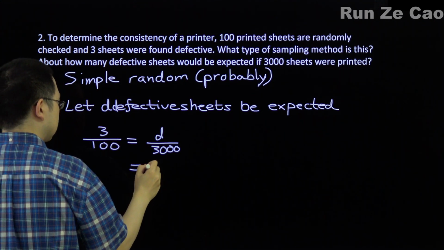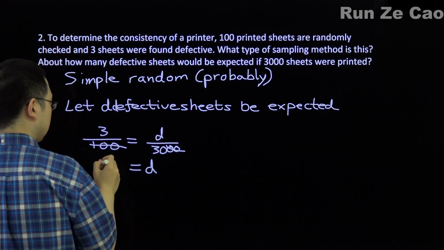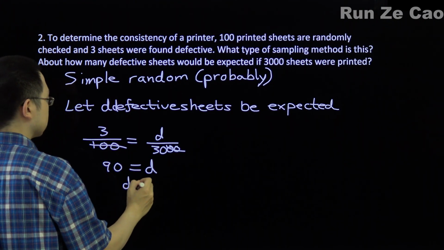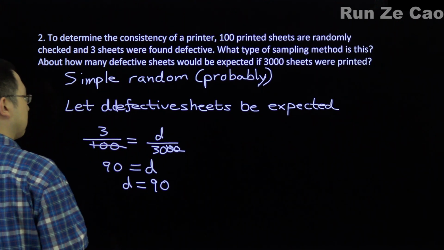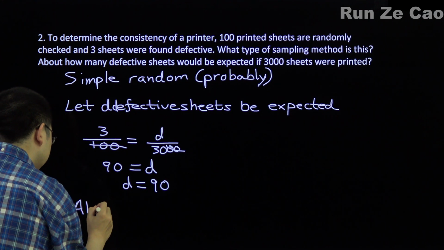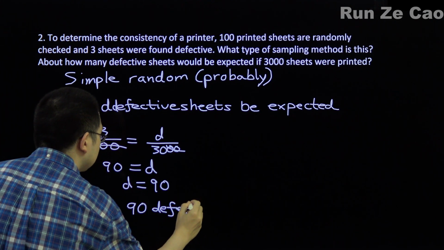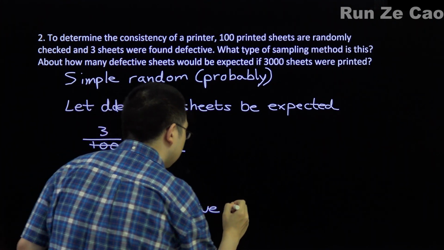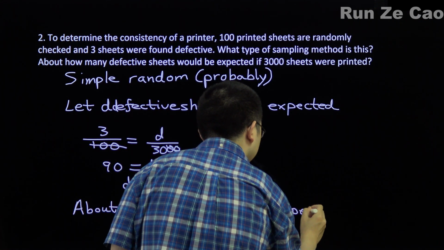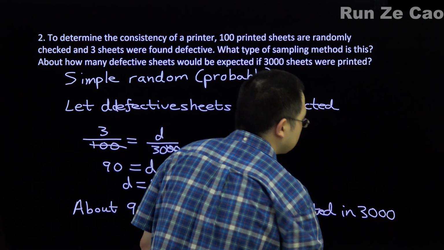So you're looking at D is equal to, well, you can cancel some here, 3 times 30, or 90. So usually you write this like so, with the variable on the left. About 90 defective sheets expected in 3,000.